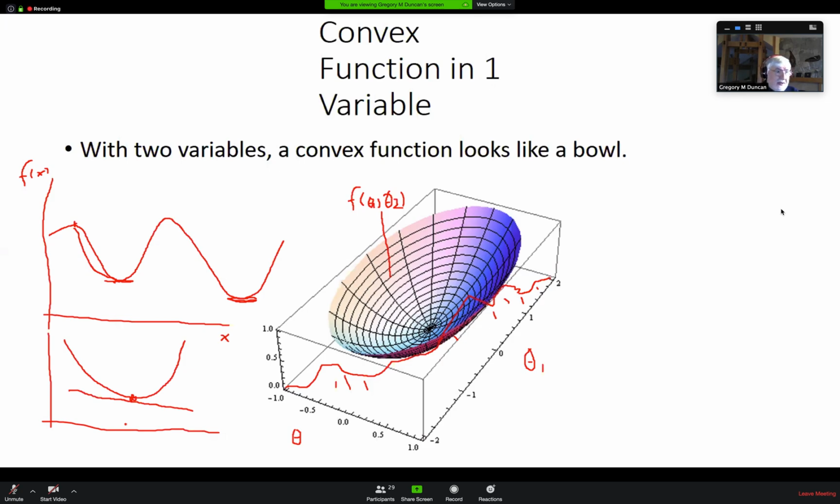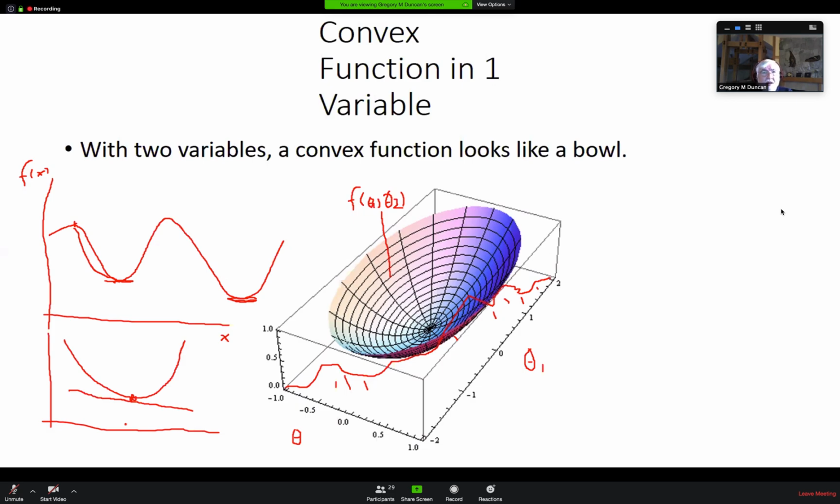Usually we'll take the parameter space to be either all of Rn or Rp, or all of Rp for some variables and positive R for other variables. So we might take the positive orthant of Rp, but all of those will be convex.